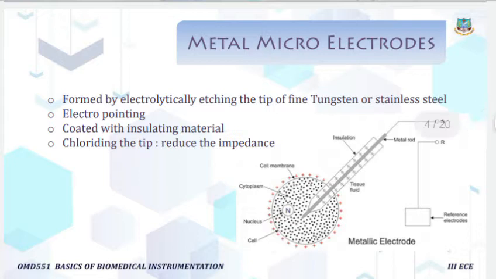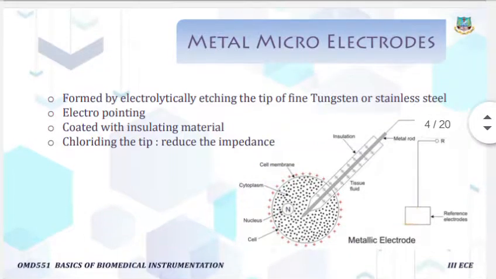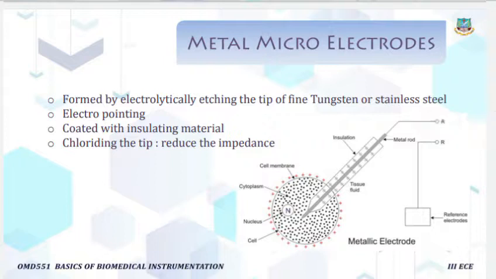First one, metal microelectrode, also called metallic electrode. Metal microelectrodes are formed by electrolytically etching the tip of a fine tungsten or stainless steel wire to a fine point. This technique is called electropointing. The metal microelectrodes are coated almost to the micro tip with an insulating material.